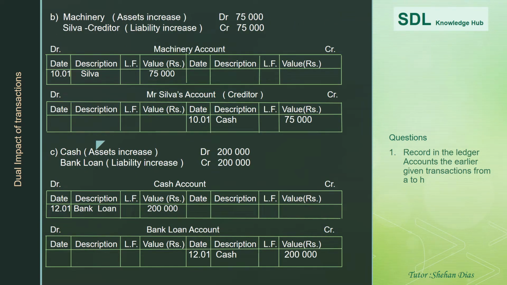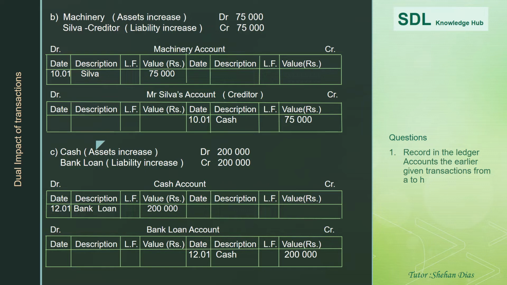Next transaction is purchased machinery on credit from Silva for 75,000. Therefore, asset machinery increases. Based on the double entry principle, debit machinery account 75,000 and credit Silva's account for 75,000 because liabilities increase. Then third transaction, obtain a bank loan for 200,000.